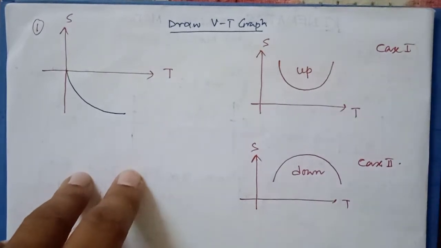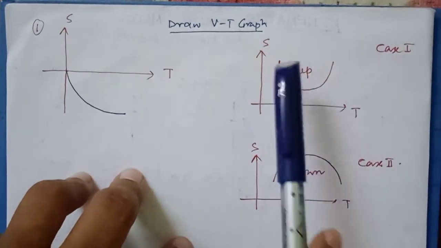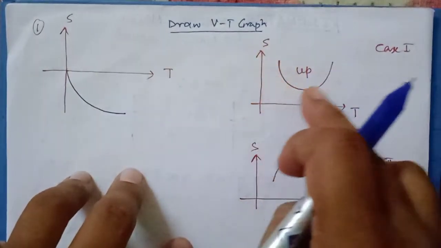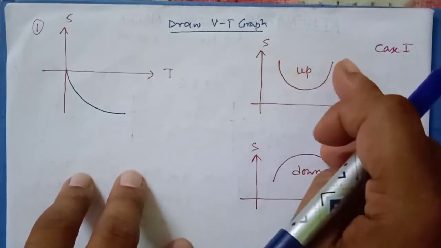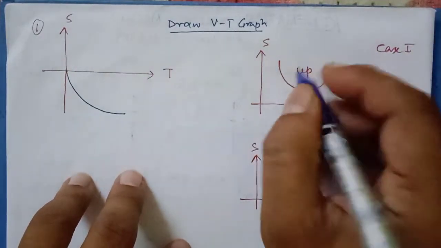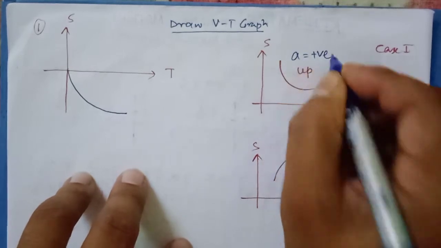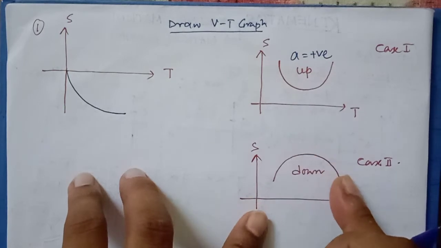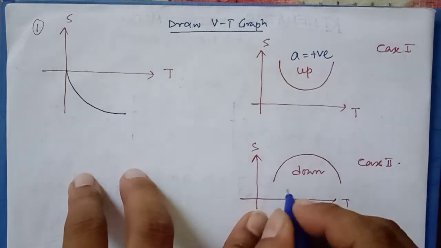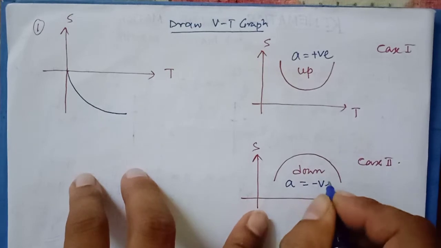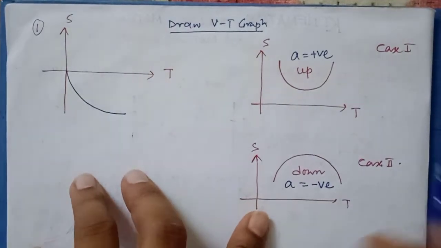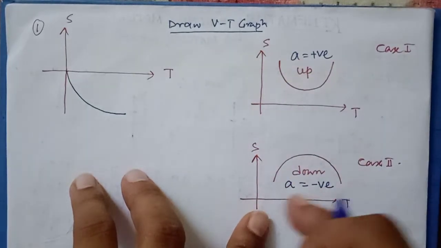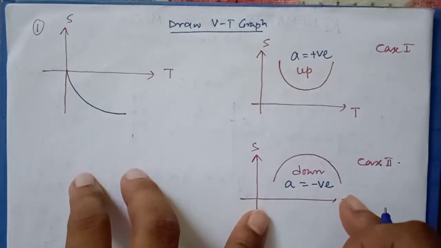Students, please listen very carefully. If you see the graph is concave up, then in the whole motion, acceleration is positive. A is positive, right? And if the graph is concave down, then in the whole motion acceleration would be negative. If concave up, then acceleration is positive, and if concave down, then acceleration is negative.